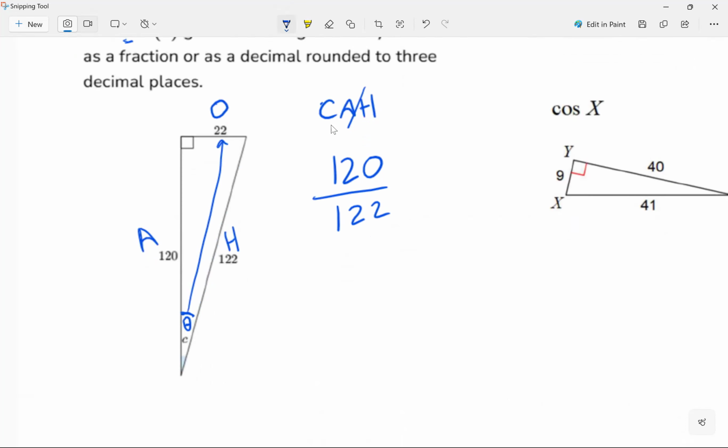So if I divide each number by two, that gives me 60 over 61. Now they don't have another common factor. 60 over 61 is correct. That's the least that I can go. So my answer as a fraction will be 60 over 61.